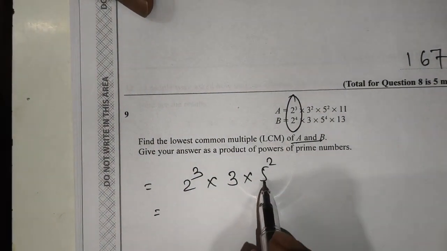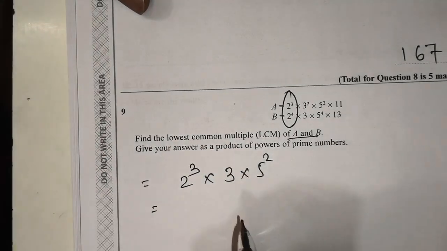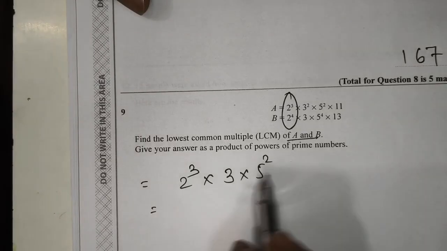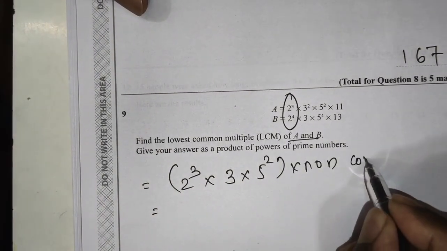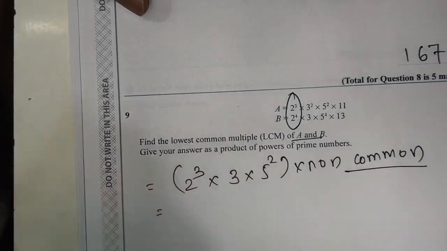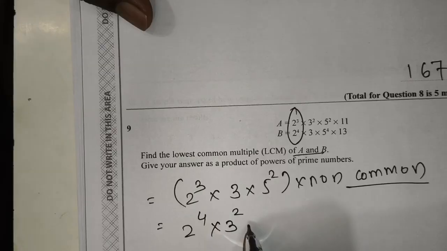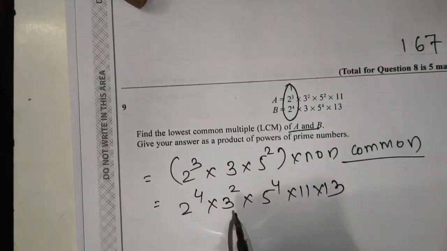How much is it? So obviously we'll have to include everything, correct, into the non-common factors. Correct? So I get 2 raised to 4 into 3 raised to 2 into 5 raised to 4 into 11 into 13 is my final answer.